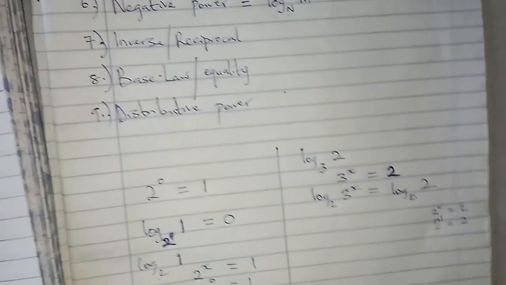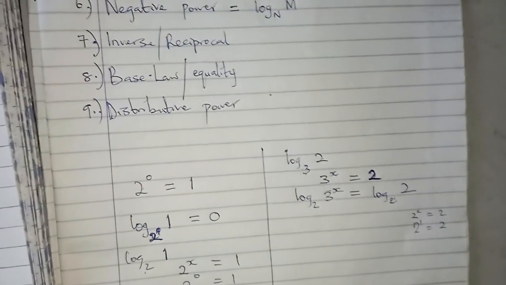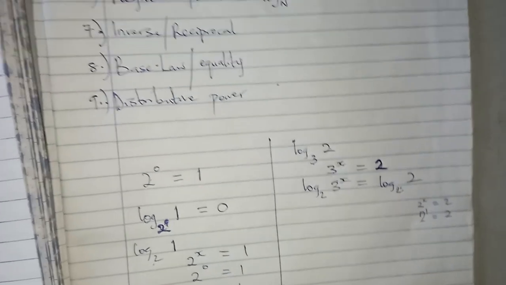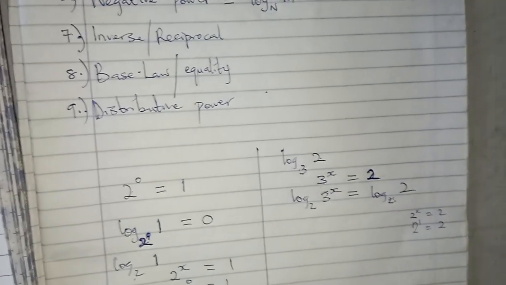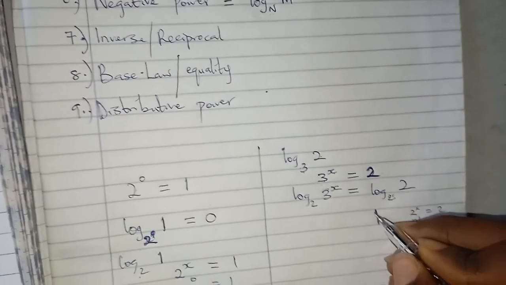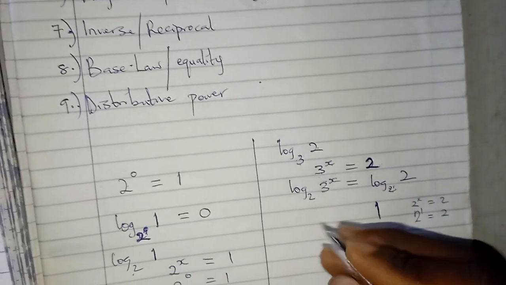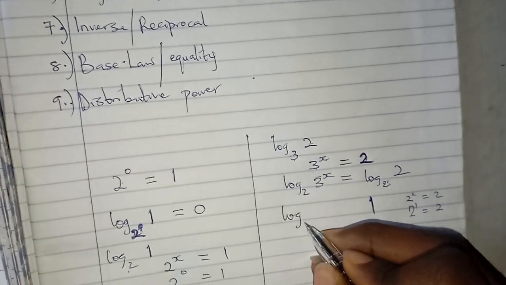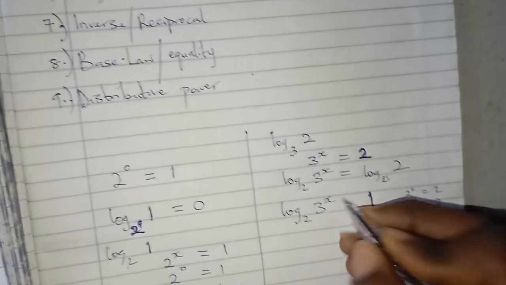I will come to that when we get to the inverse law. So for that reason, this is going to give me simply 1. Then on this side I now have log 2 of 3 raised to power x.